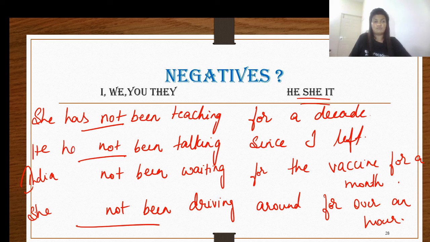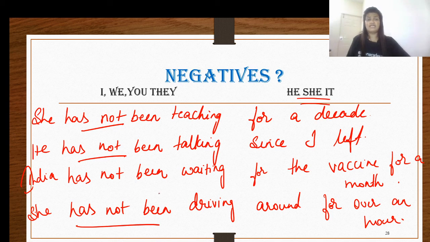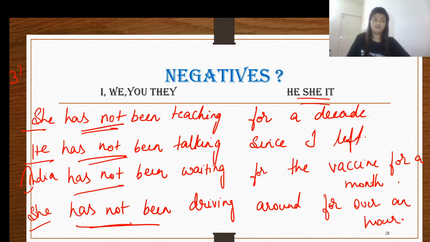She has not been, he has not been, India has not been. She has not been teaching for a decade, but then she's teaching for 8 years. She has not been talking since I left. India has not been waiting for the vaccine for a month. She has not been driving around for over an hour. Here, negating the facts, and with the subjects she, he, and third person singular, you use plus s verbs. That's the factor that you have to keep in mind.